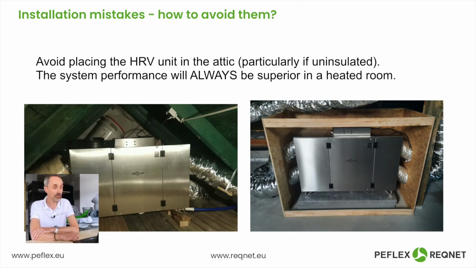A very common question is whether you can install a heat recovery ventilator in the attic if you enclose it in some kind of igloo-like box, or if you make an extra room for it. Yes, you absolutely can, but that igloo must be properly insulated, and there also needs to be an additional heat source inside the igloo to compensate for the heat loss from inside it, because the heat recovery ventilator itself does not generate heat.